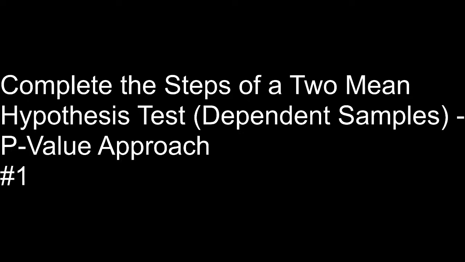So when it says two mean hypothesis test, it's really going to end up being a one mean hypothesis test about the mean of the differences between these dependent samples. And this is with the p-value approach.